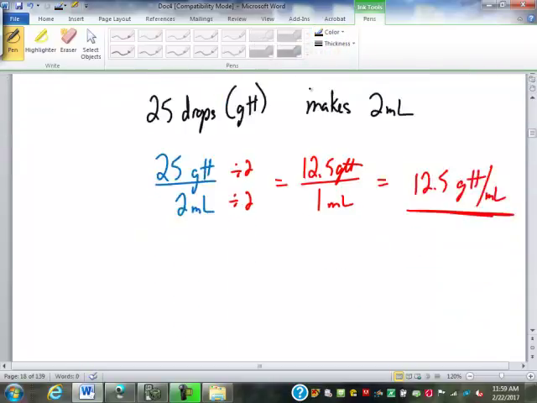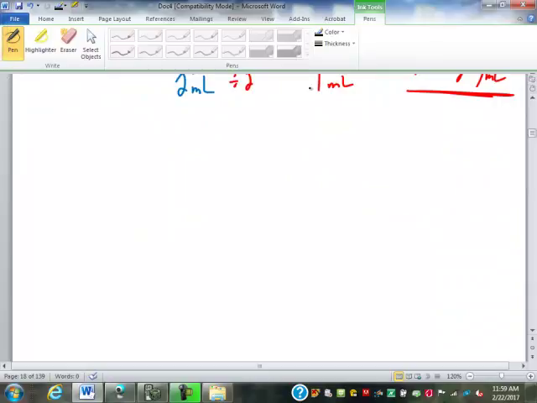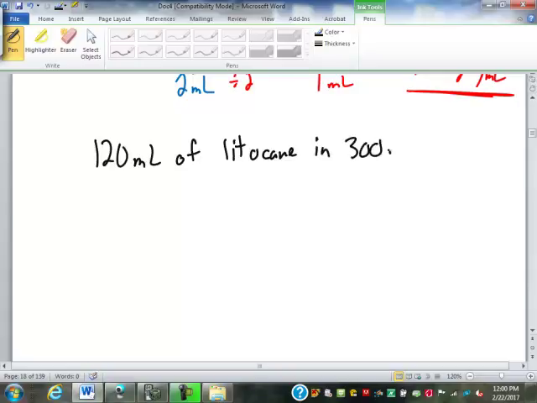Ratios are going to appear a lot in constituting our medications. We might have 120 milliliters of lidocaine in a 300 milliliter saline solution. Now it says saline solution, so solution implies it's the saline and the medication.